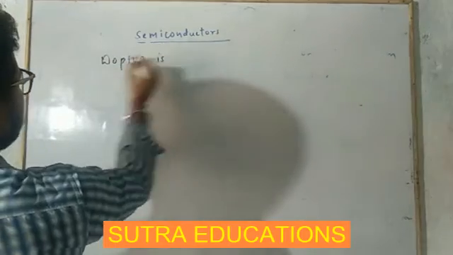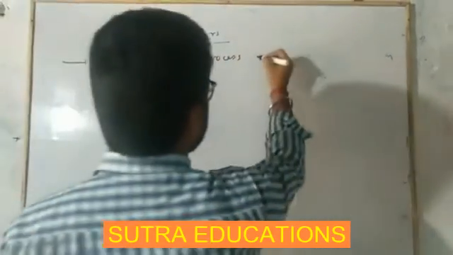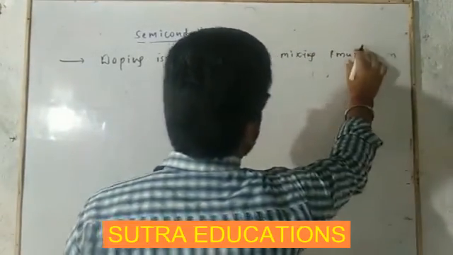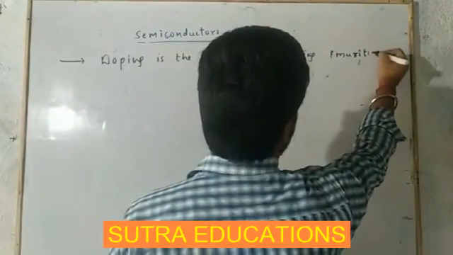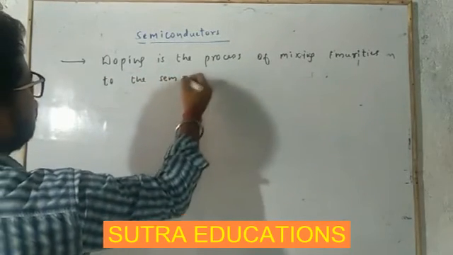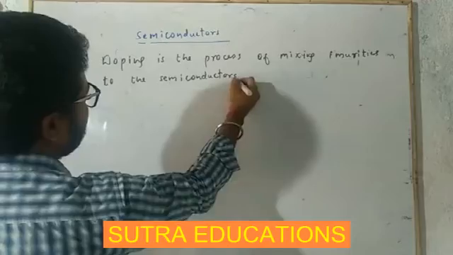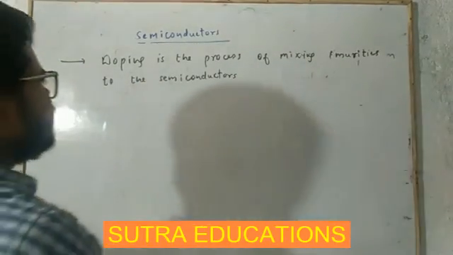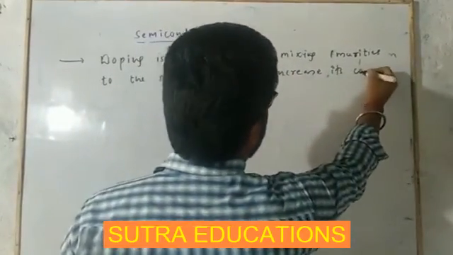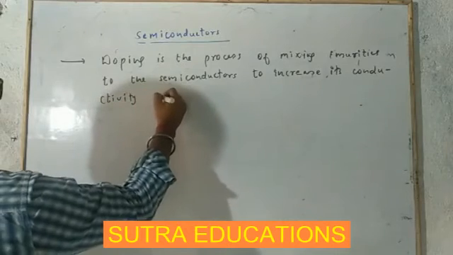Doping is the process of mixing impurities to the semiconductor to increase its conductivity up to the desired level.